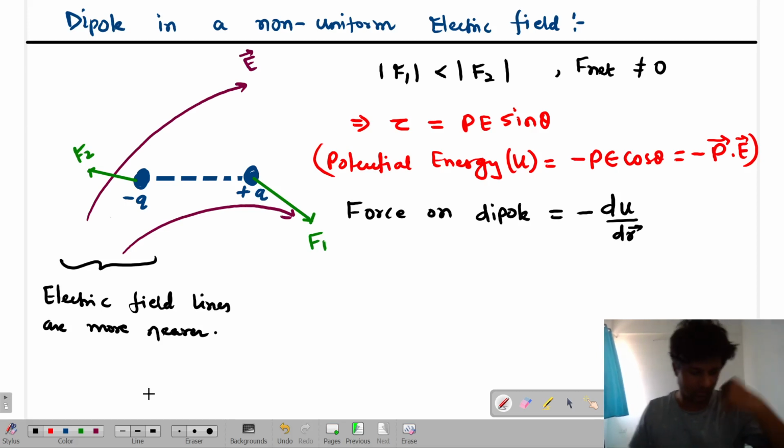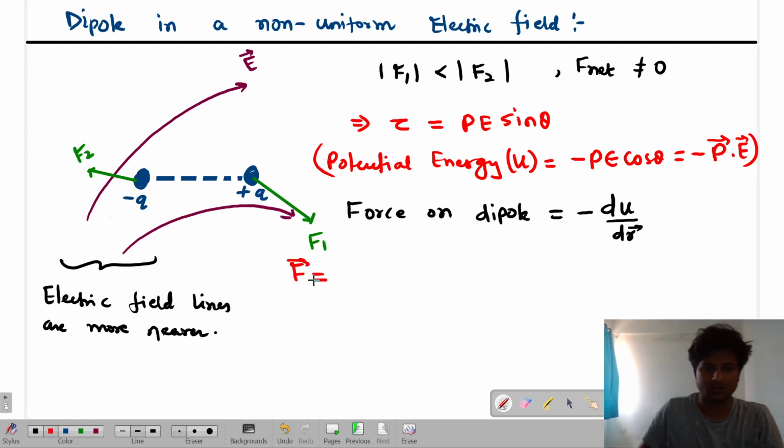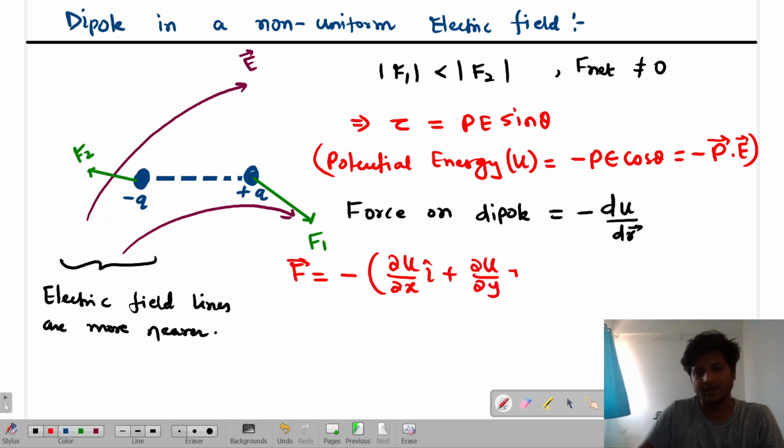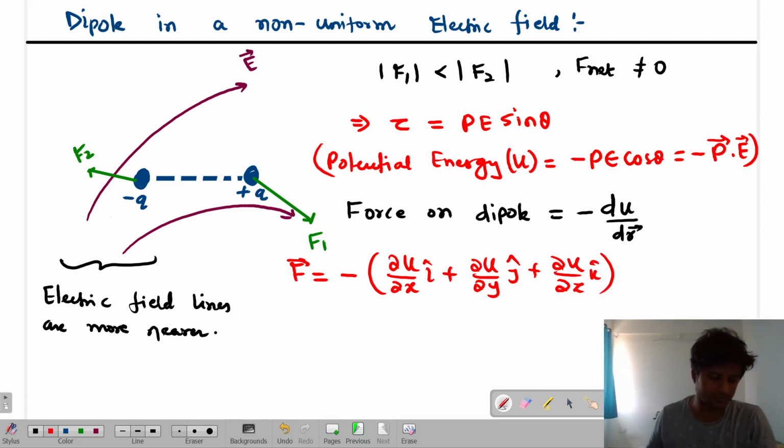So then our force vector we can calculate easily, if a dipole is placed in a non-uniform electric field, which is minus du by dx i cap plus du by dy j cap plus du by dz k cap. Is that clear or not? Are you able to get me?